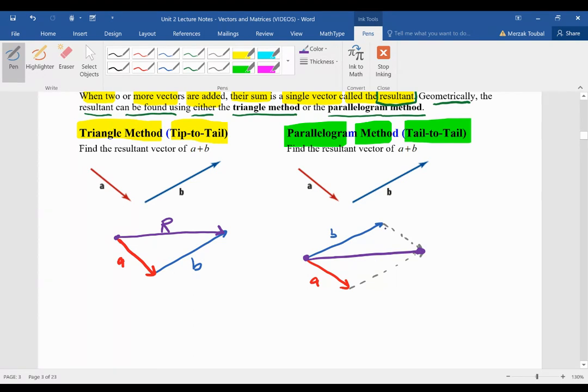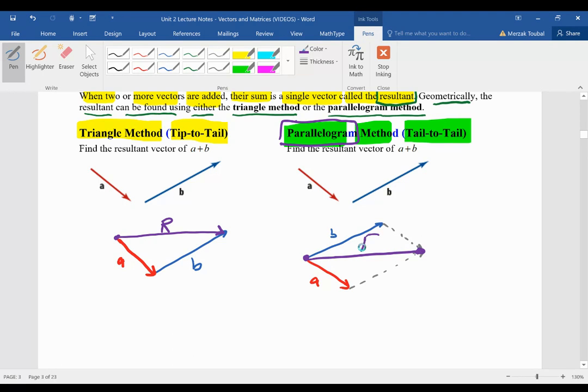Sorry, parallelogram. That's why it's called the parallelogram method, not a rectangle. Pretty much we draw a parallelogram here, and then we connect the opposite corners, but it has to be from the tail to the tip of the dashed line vectors.